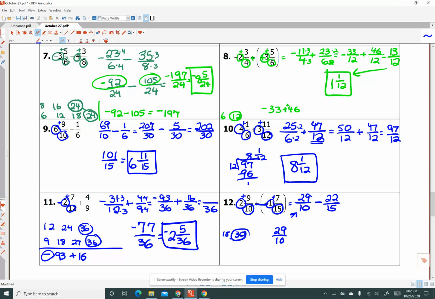I'm sorry, I just made a mistake. Our first fraction will not stay the same. Our first fraction will become 30ths. And 10 times 3 is 30. 29 times 3 is 87.